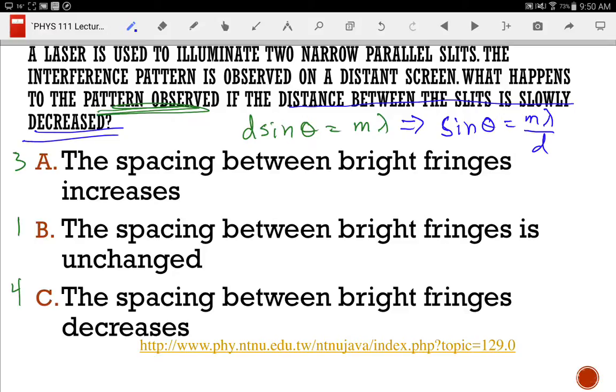It's going to increase. Sine theta is telling me where my bright fringes are. And so if the angle between them increases, what's that going to do to the spacings? It's going to increase. So now let's ask the question again.